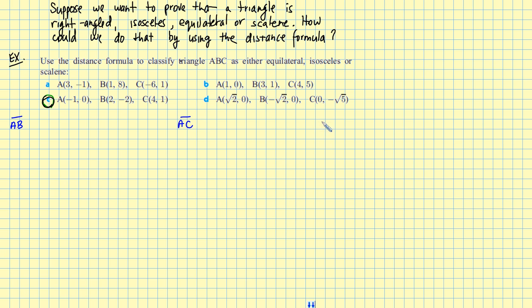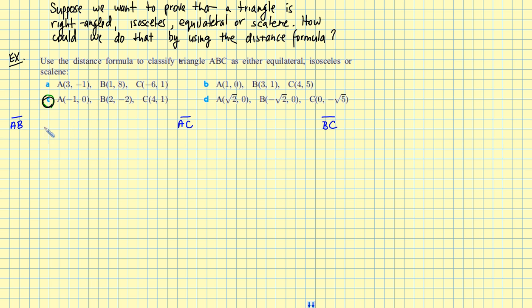And I would have to find the distance between BC. And if all 3 of those lengths were the same, then I would know that it's an equilateral triangle. If 2 of those sides are the same length, then it would be isosceles. And if none of the sides are the same, then that means that it would be scalene.